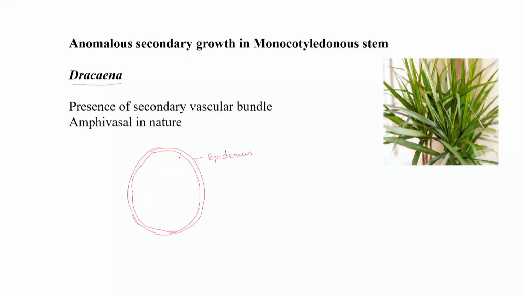So everything in general we call ground tissue, and in ground tissue we see a lot of scattered vascular bundles. And what are the characteristic features of these vascular bundles? Definitely they will be conjoint, collateral, but they will be closed.